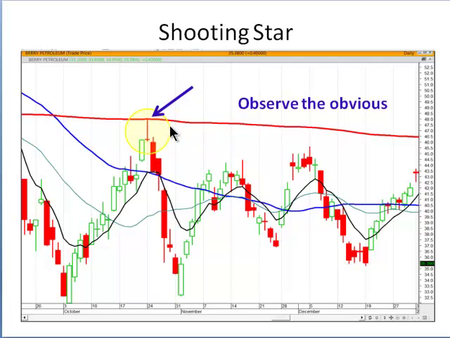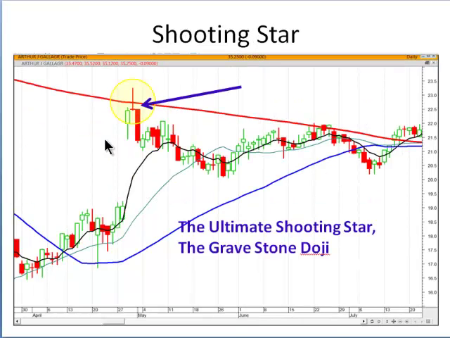Notice that the ultimate shooting star is a gravestone doji. What do we want to see the next day to tell us that the selling has started to take control? A lower open. The ultimate shooting star, the gravestone doji, pretty much tells us immediately that they're not going through the 200 right now.